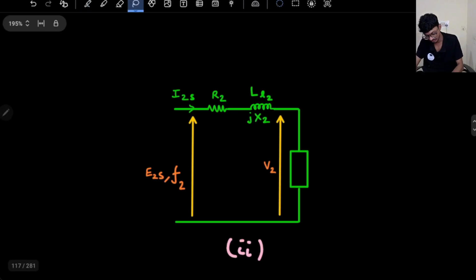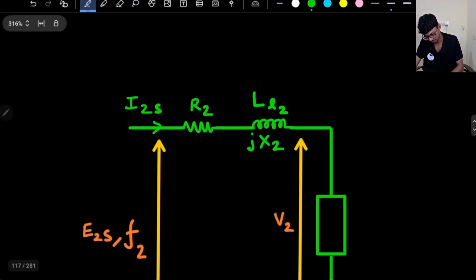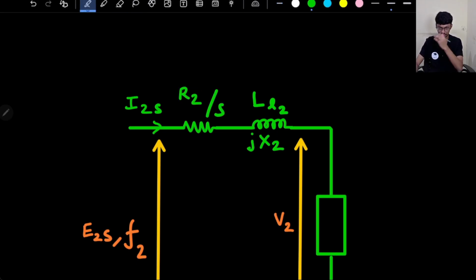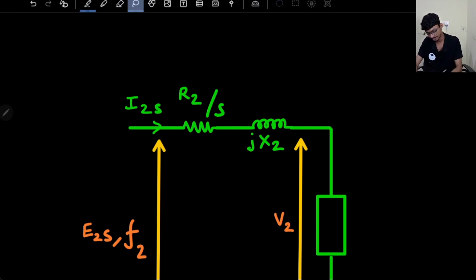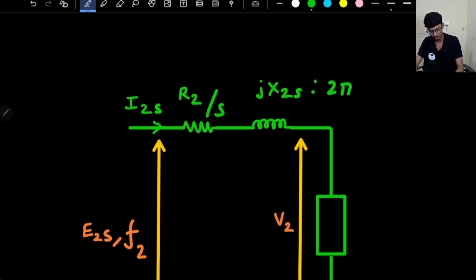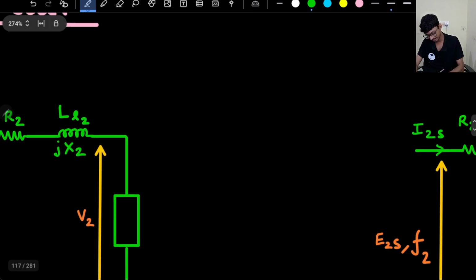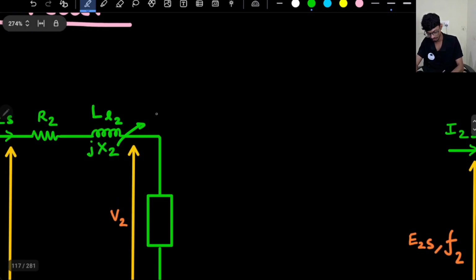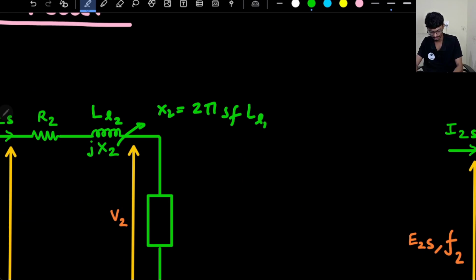In the second one, my equivalent resistance is R2 divided by S, as we had. If I am referring to the stator, it becomes R2 divided by S, and my reactance becomes S x2S, where x2S is the standstill reactance, 2 pi F into L2. In this case, the reactance here is X2. What is X2? X2 is 2 pi S F into L2.